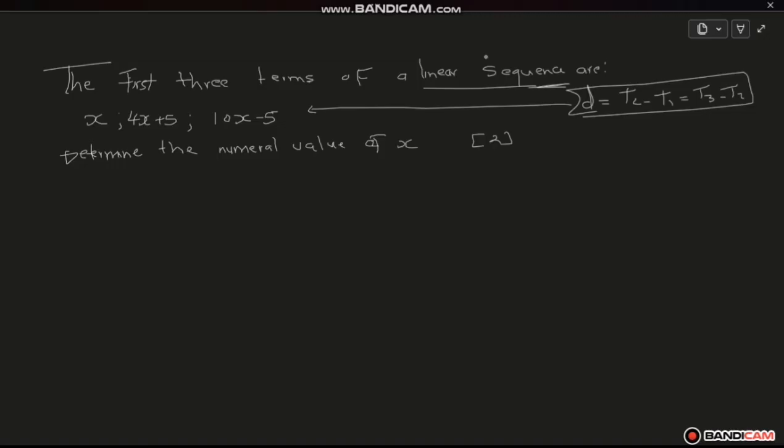So this is what you're going to use now in order to find the value of x. You use the formula for calculating d. So 4x plus 5 minus x.